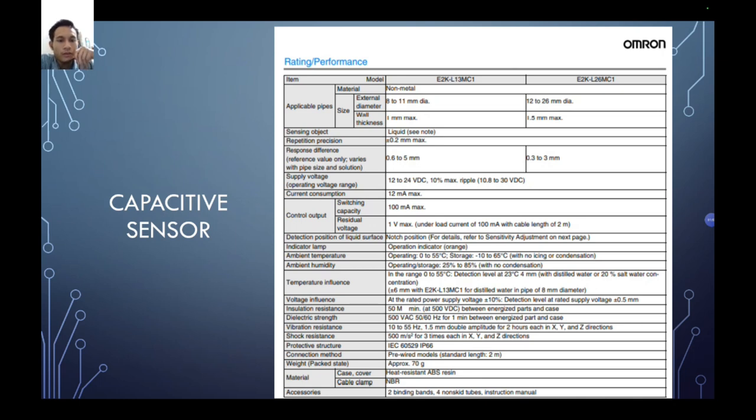Humidity for storage is 25% to 85%. The temperature influence is 0 to 55 degrees Celsius. Its detection level at 23 degrees Celsius is 4 mm, with distilled water or 20% salt water concentration.